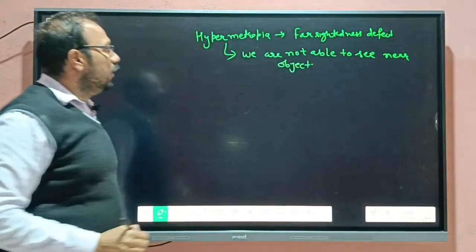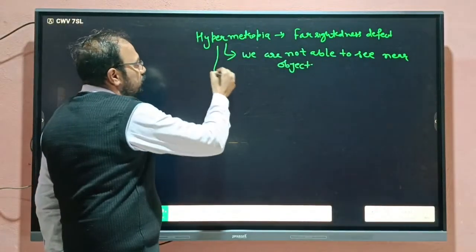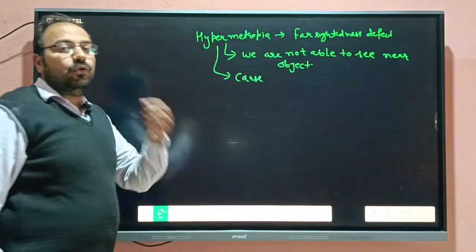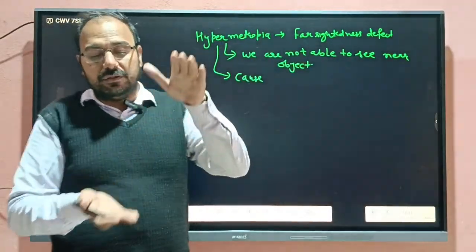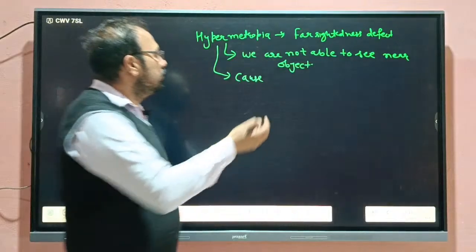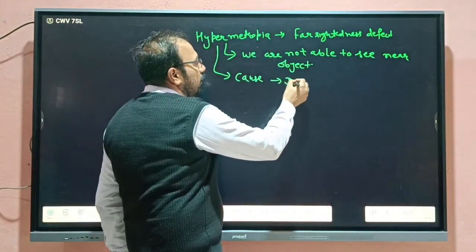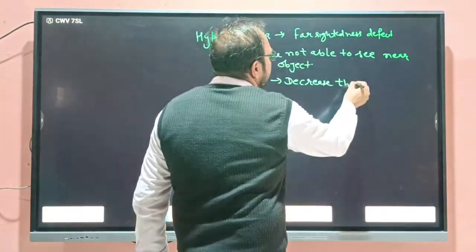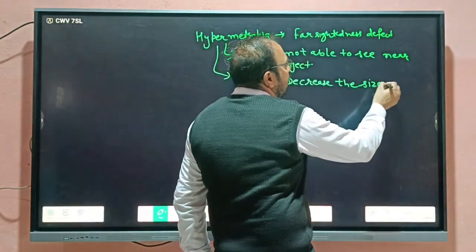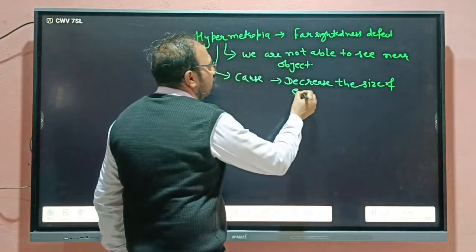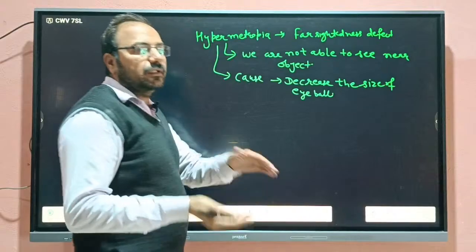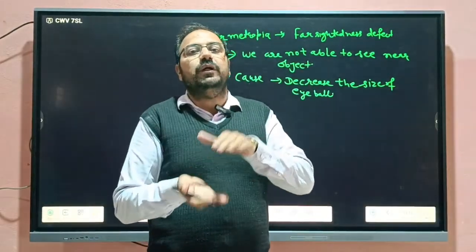And what are the causes? The cause is a decrease in the size of the eyeball. Due to the decreased size of the eyeball, the lens becomes thick.